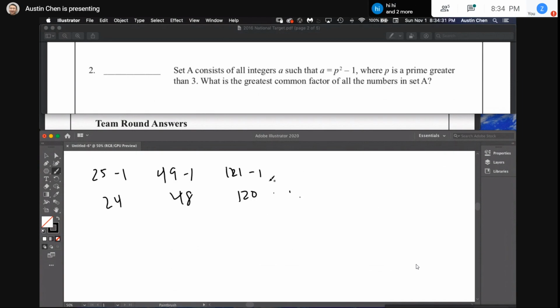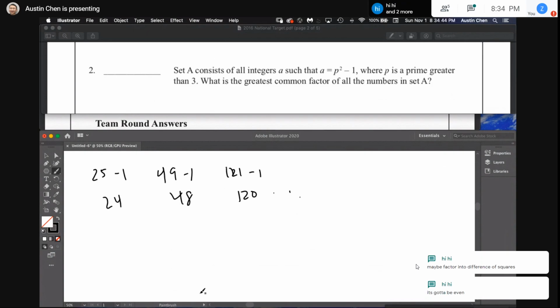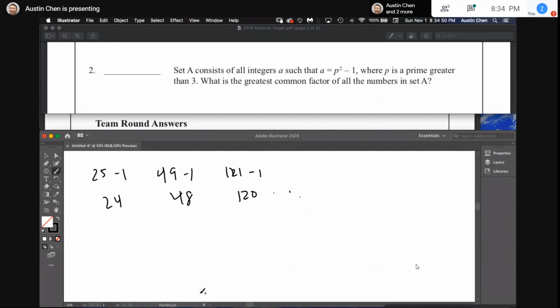What I would suggest for starting this is to just list out some numbers and see if you can get an idea of the factors. So this is on 11.